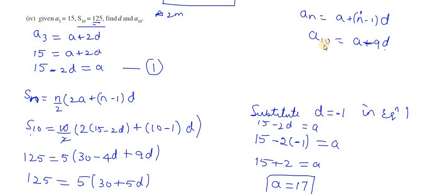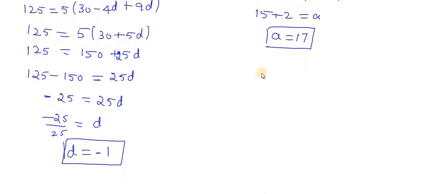Do one thing, don't write here; after this step write it down. We know that A10 is equals to A plus 9D. So A value is 17 plus 9 into D value, which is minus 1.